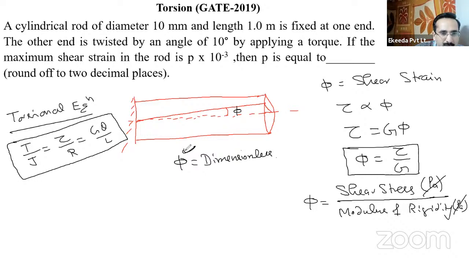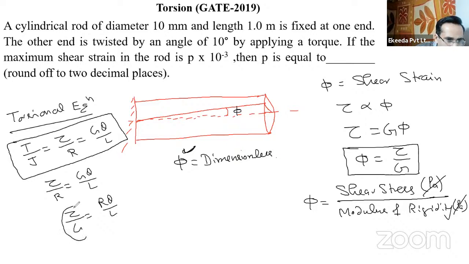How to find phi from this equation? We know tau by G is phi. So from tau by R equal to G theta upon L, we are taking one part of this equation, right? So tau by G will be equal to R theta upon L. And tau by G is phi, the shear strain. So shear strain will be equal to R theta upon L.